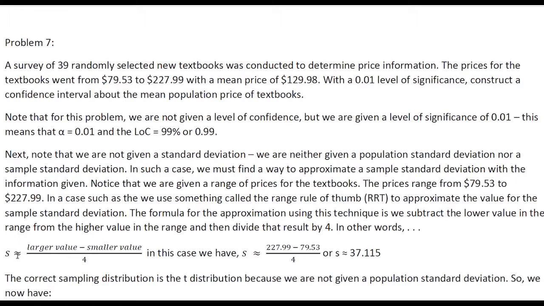So, in other words, an approximation for my standard deviation is the larger value minus the smaller value divided by 4. For this problem, it's 227.99 minus 79.53 over 4. That gives me an S of approximately 37.115 or $37.115.